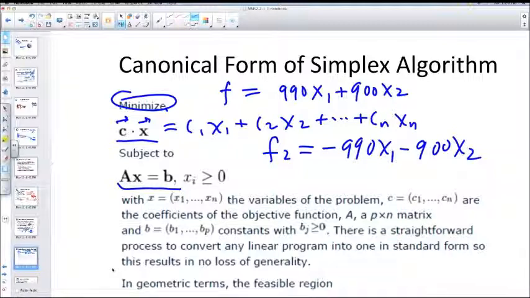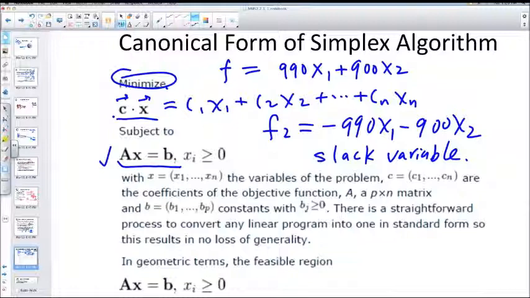How do I write it into an equation? Well, we're going to see we add the so-called slack variable. That's very easy. Once you write it into a system like this, you minimize this dot product under the constraint of the equations.